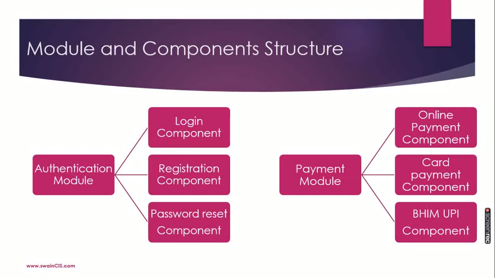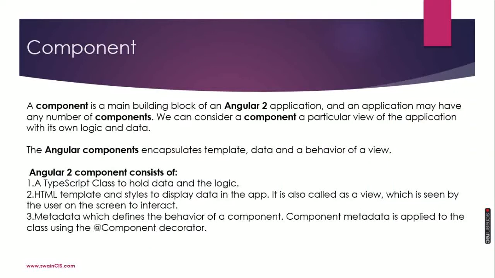Now let's move to components. A component is a main building block of an Angular 2 application, and an application may have any number of components. We can consider a component a particular view of the application with its own logic and data. That means whatever we see in the app comes from the component itself. Every component has a view.